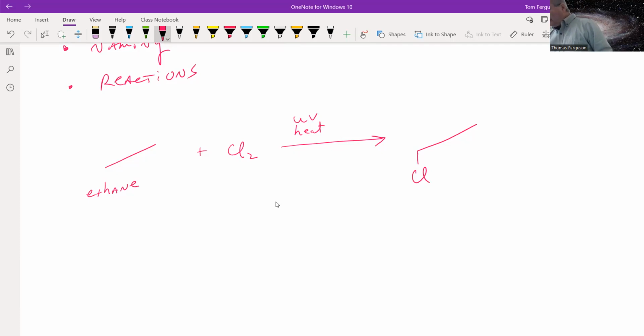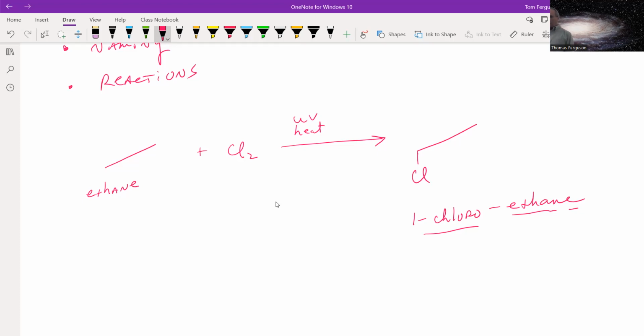So this is going to be, okay, 3 parts. The branch is chloro. Backbone is 2 carbons. The functional group is E, or an alkane.